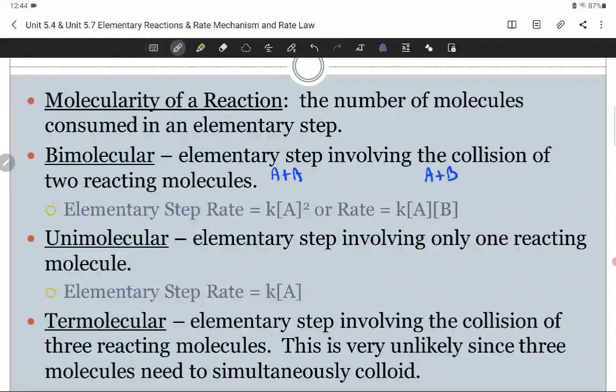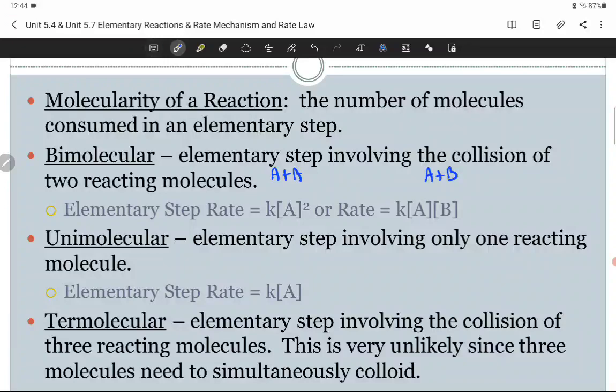And then we have termolecular, and these would require you to have three items all simultaneously collide perfectly with the right orientation and enough energy for that reaction to take place. Very unlikely for three or more atoms, molecules, whatever, to collide perfectly for the reaction to take place.